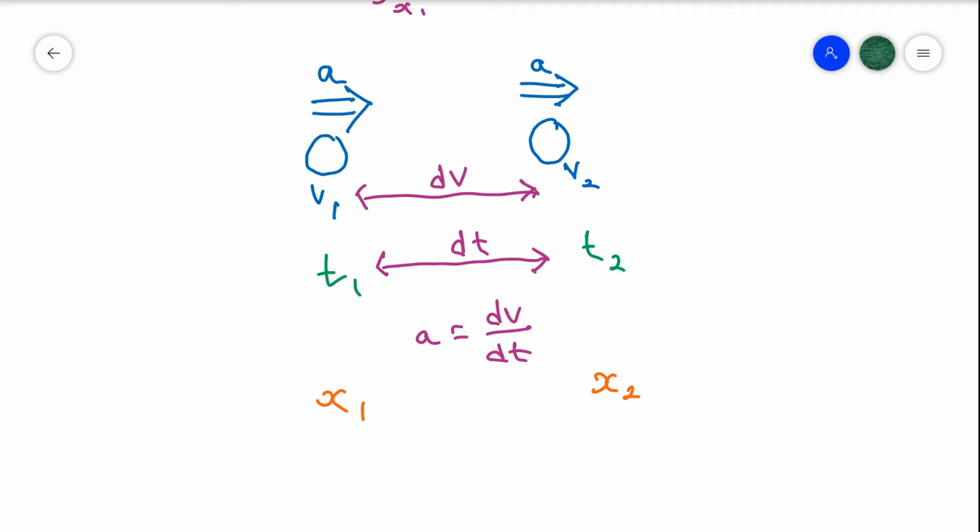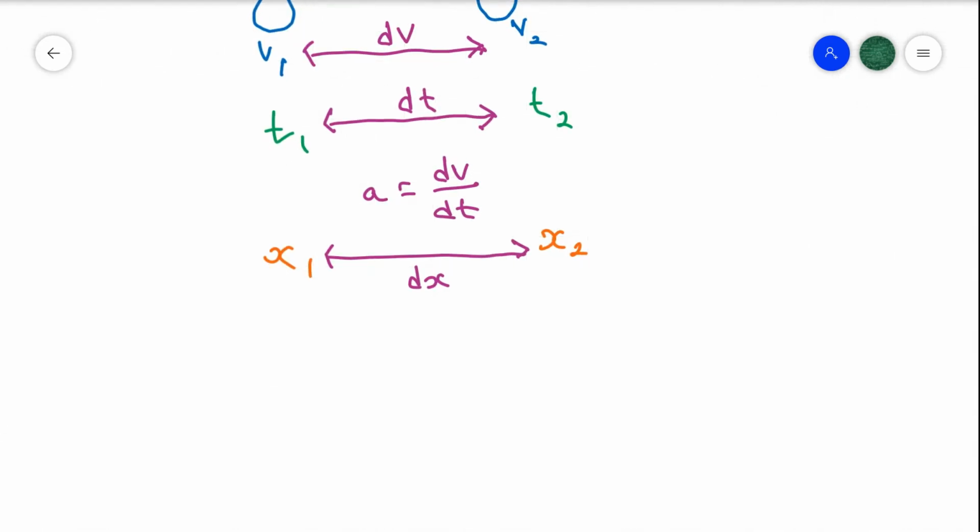So that means when the object accelerates from v1 to v2 velocities, the displacement also changes from x1 to x2. So maybe we can consider this as dx, the change in the displacement.